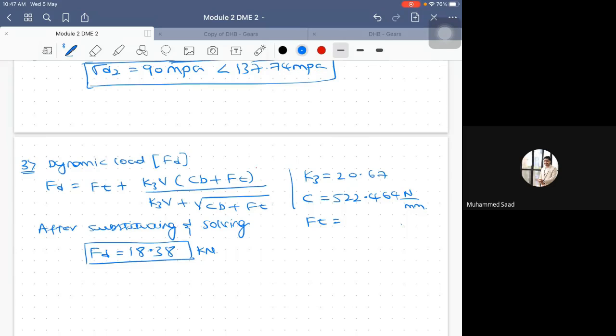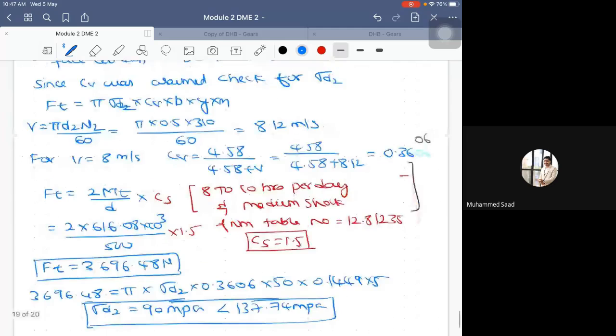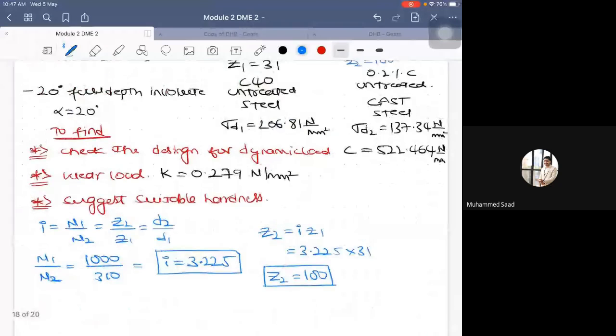So for that, we will compare one by one. Since he has asked us to check, just read the question once more. Check the design for dynamic load. Have you checked the design for dynamic load, whether it is okay? We have just found the value of dynamic load, isn't it? Wait, don't go till I say to calculate the FD value.